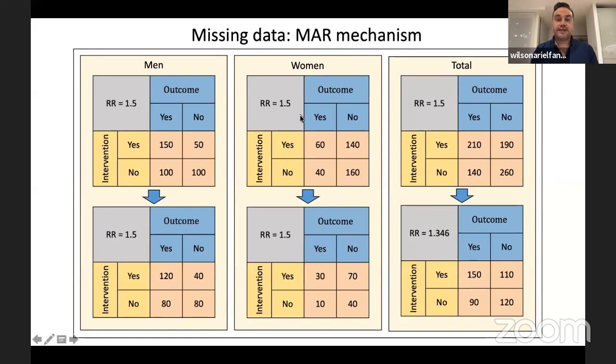On the other hand, the missing at random mechanism is exactly the same. Here, they are dropping exactly the same proportion when the outcome was positive and when the outcome was negative. So it has nothing to do with the outcome, really.